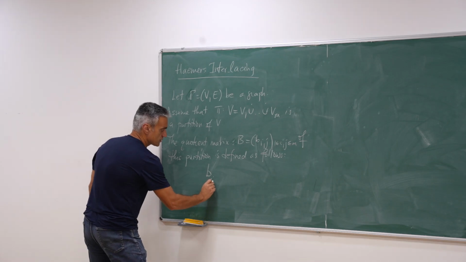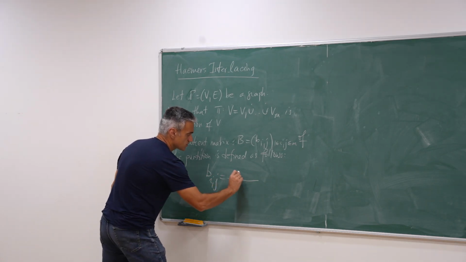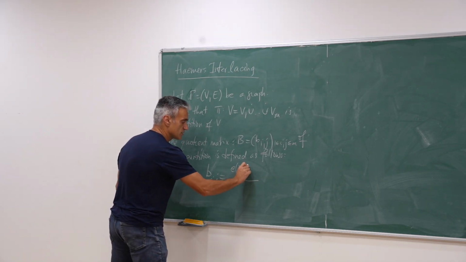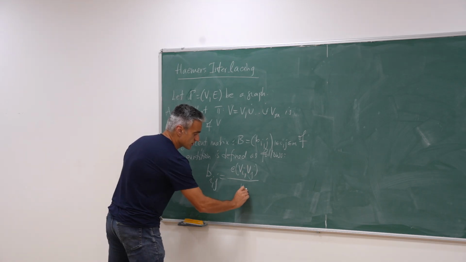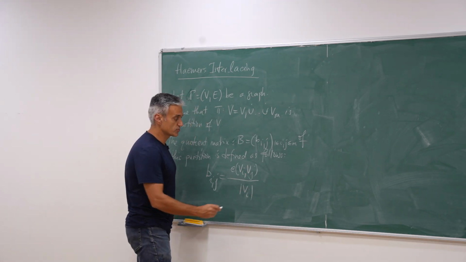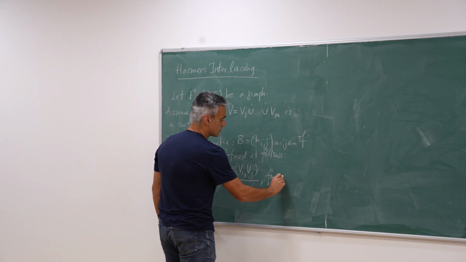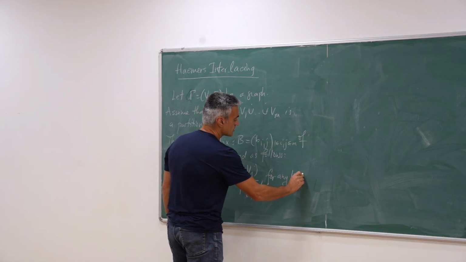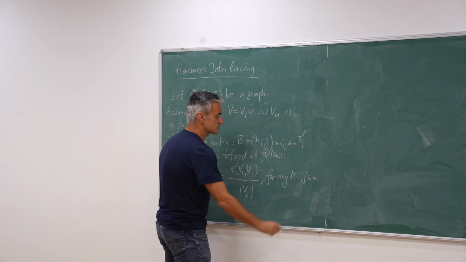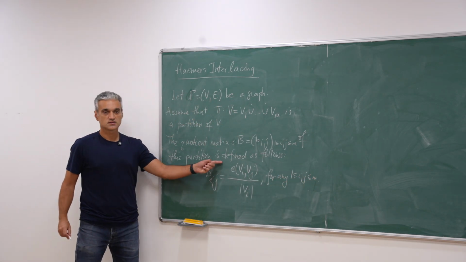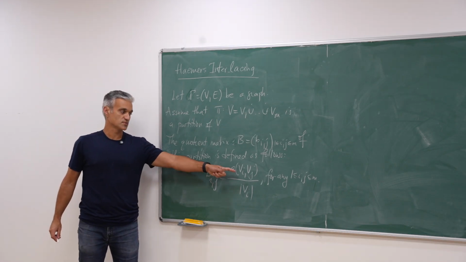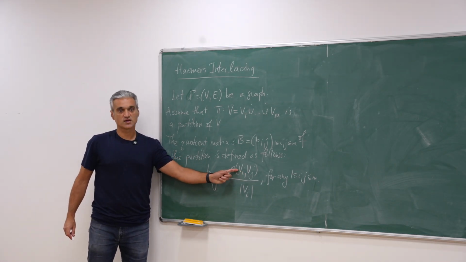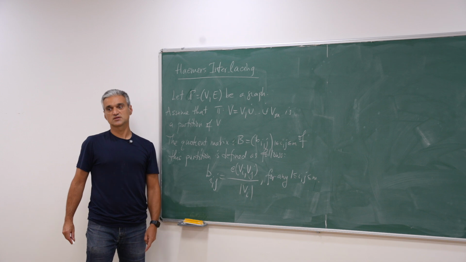The entry B_ij equals the number of edges between V_i and V_j divided by the cardinality of V_i, for any i and j between 1 and m. So this is the average number of neighbors that the vertices in V_i have that live in V_j.